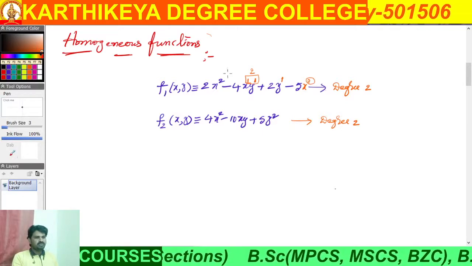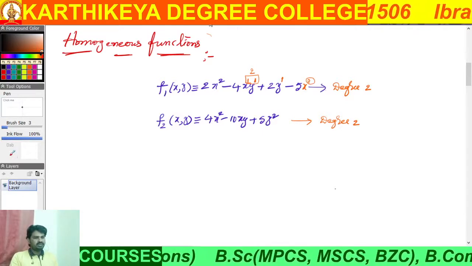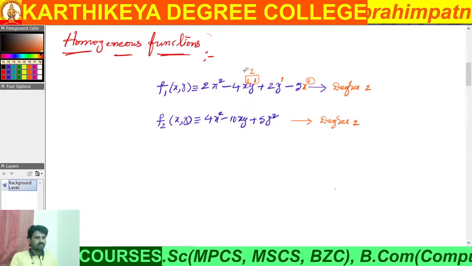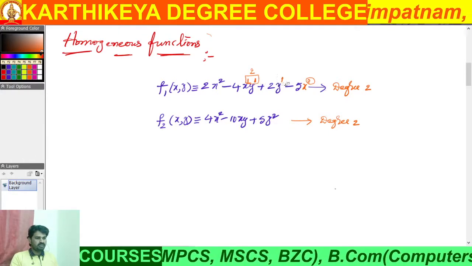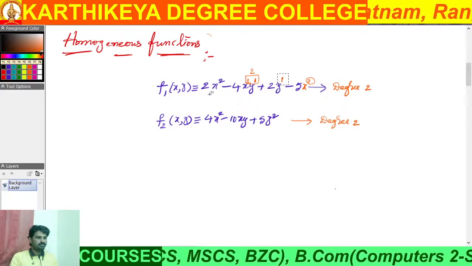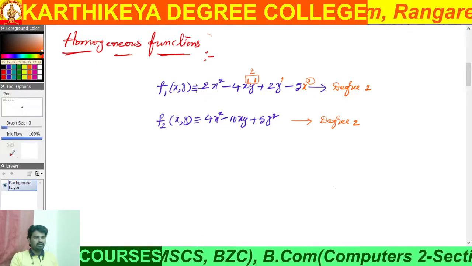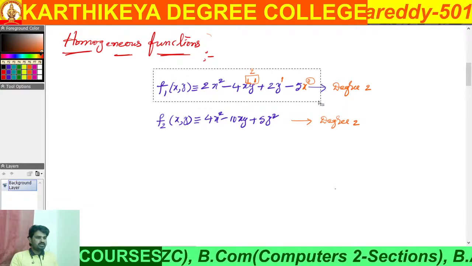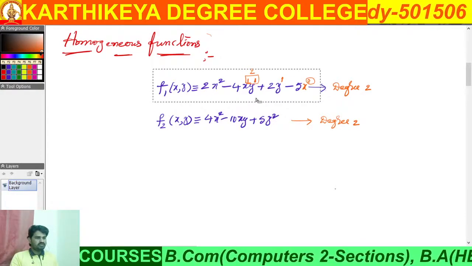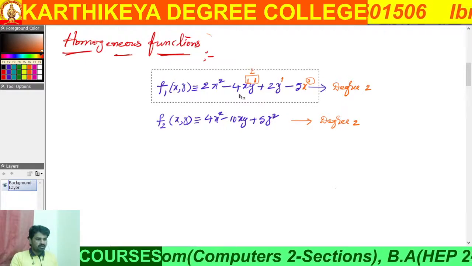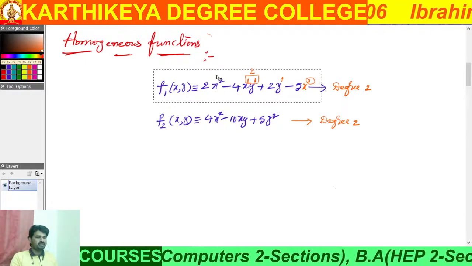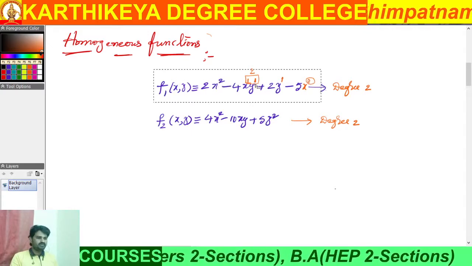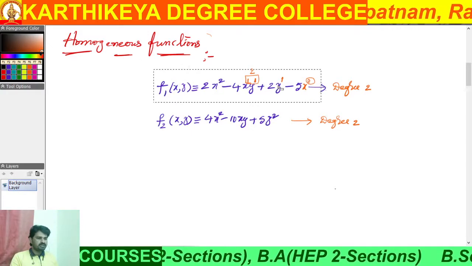The first term contains degree 2, here also degree 2, but the third term is degree 1. That means in the first one there are not equal powers in each and every term. Such functions, if the powers in all terms are equal, are called homogeneous functions.